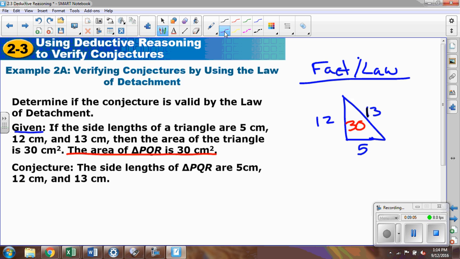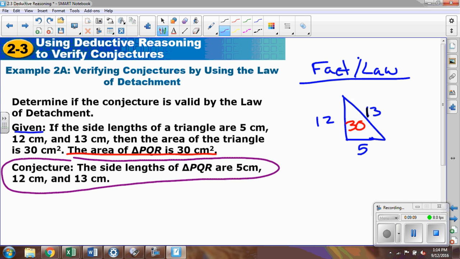So let's come over toward here then and say, here is a particular triangle, PQR, and side lengths are 5, 12, and 13. Based on the example and based on the law, what do you instantly know about the purple triangle?